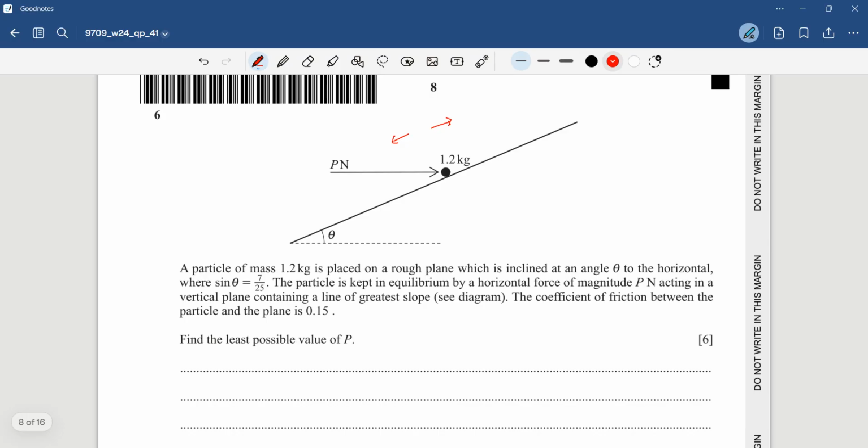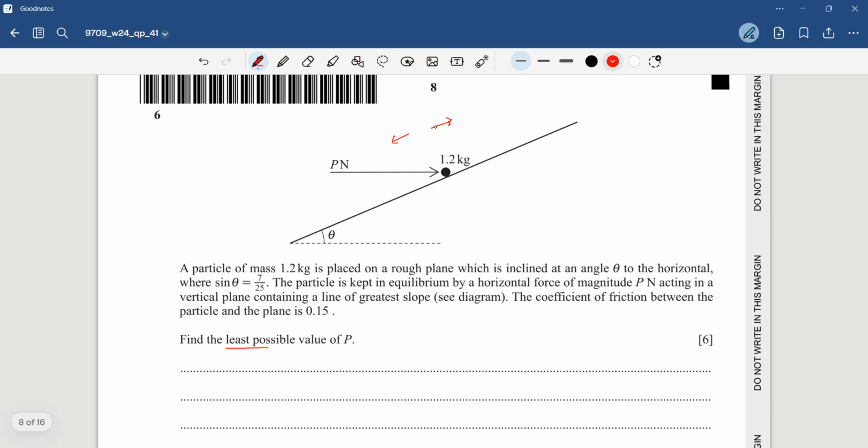Or if you give extra force, then the object will go up. So here they said least possible, means you are giving a very minimum force for it to be in equilibrium.